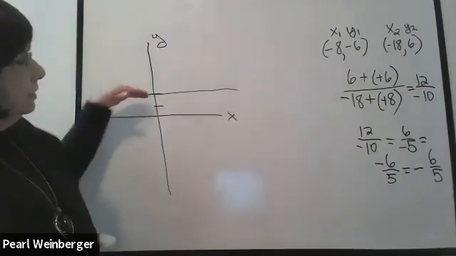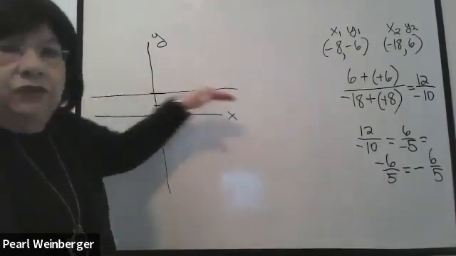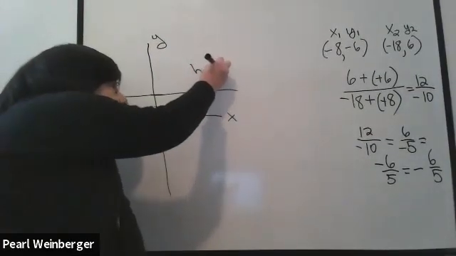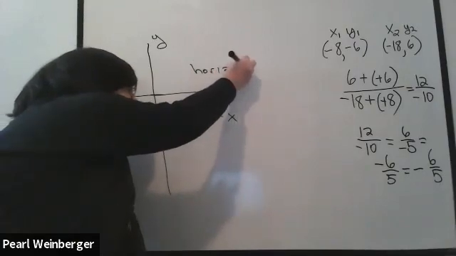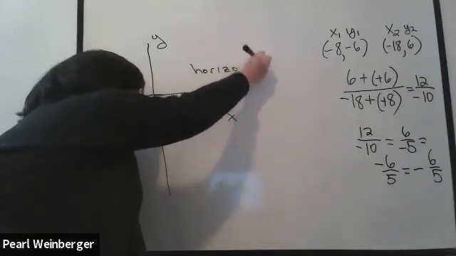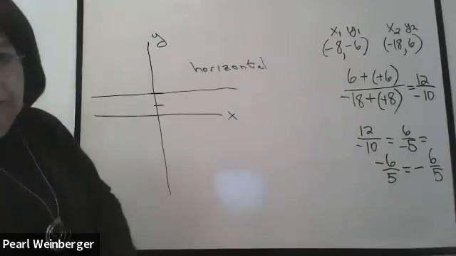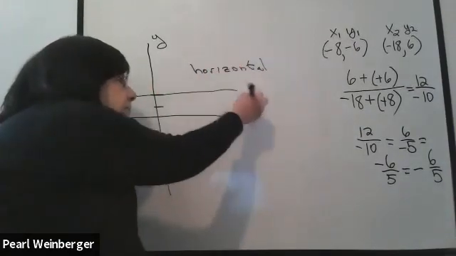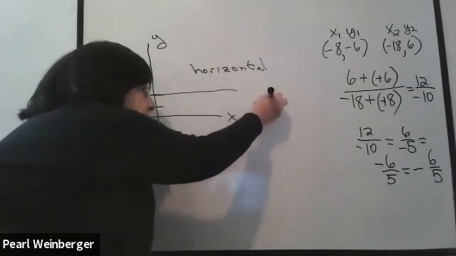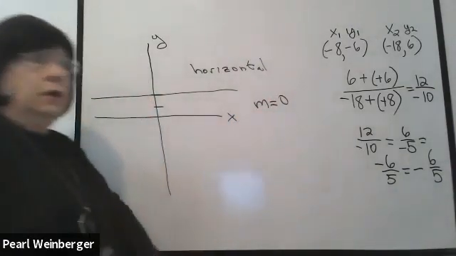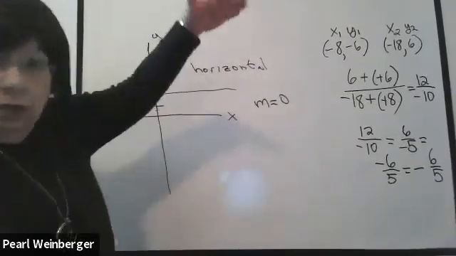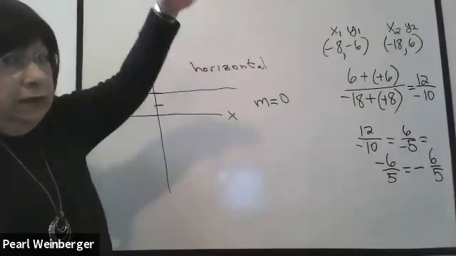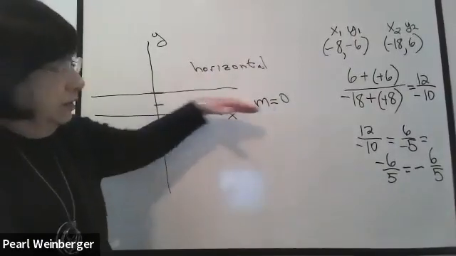It's not rising, it's not falling, it's flat. It's called horizontal. A horizontal line has a slope, let's call it M. The slope M is 0. Makes sense. It's not going up, it's not going down, it's just going straight across. Its slope is 0.